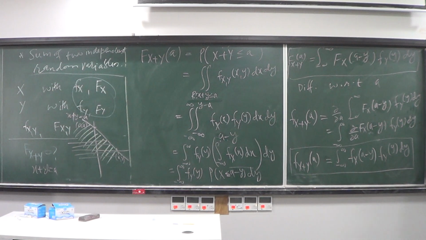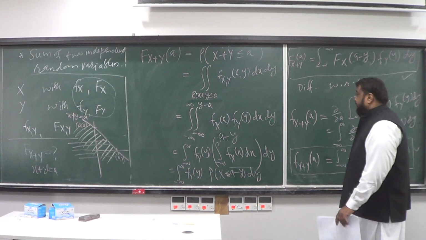We're going to use these formulas at different places in order to compute the c.d.f and the p.d.f of the sum of random variables, because this shows that if you know the c.d.fs and p.d.fs of the random variables x and y, then you can easily know, using these formulas, the p.d.f and the c.d.f of the sum of the two random variables.